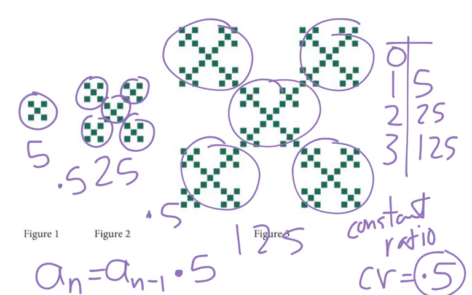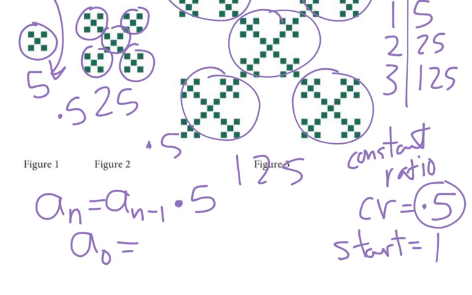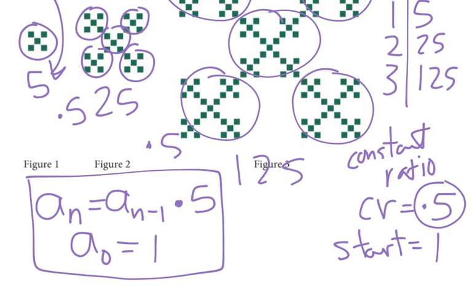So going backwards to the zero term, what number times 5 would equal 5? Well, it's got to be 1. If you said 0, remember, anything times 0 is 0, so we'll never have the 5 there. It just won't work. So we get 1 for our starting number. So a sub 0 equals 1, and there's my recursive equation.